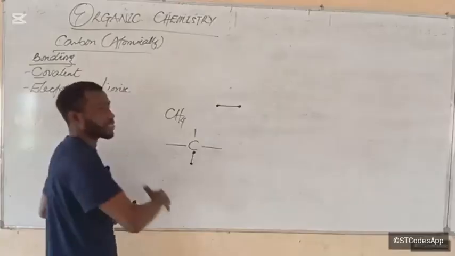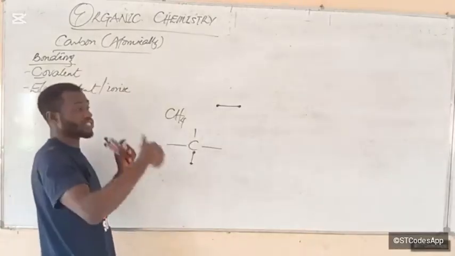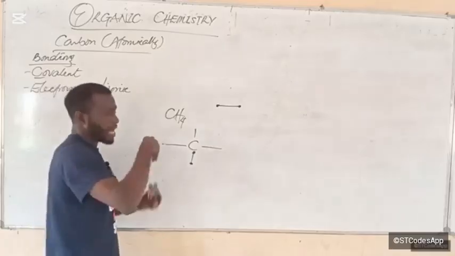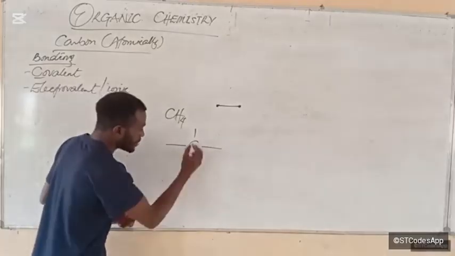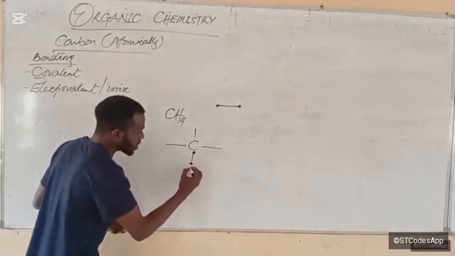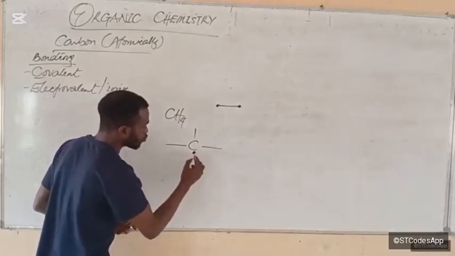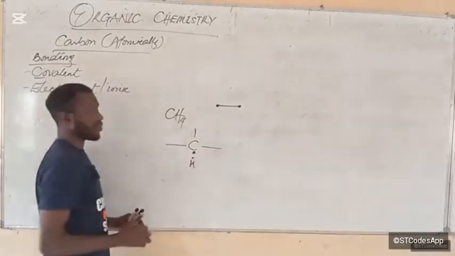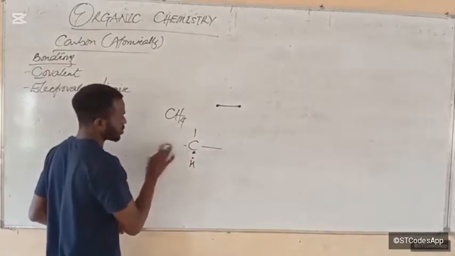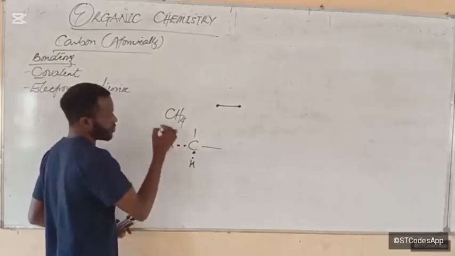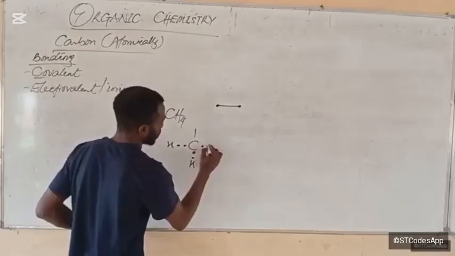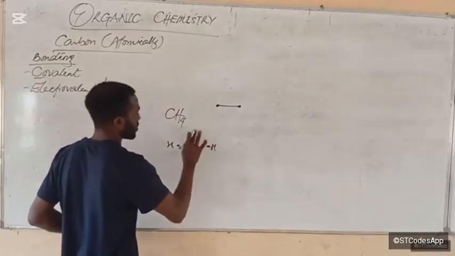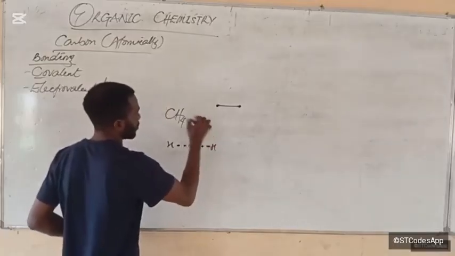So carbon exhibits tetravalency. We're going to discuss why soon. But this is to show you that this carbon is going to be bonded with four hydrogens. There are two electrons between this carbon and this hydrogen, and two other electrons between this carbon and this hydrogen, and another two between this carbon and this hydrogen.